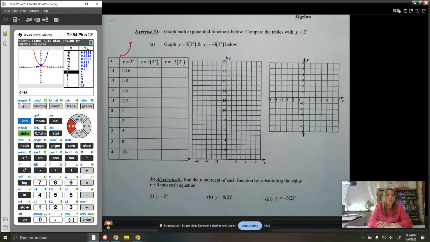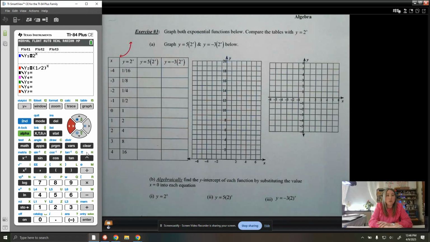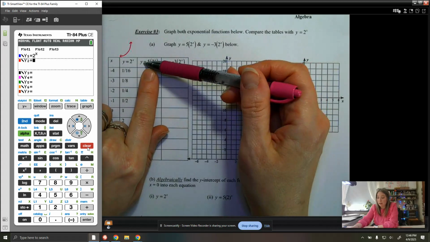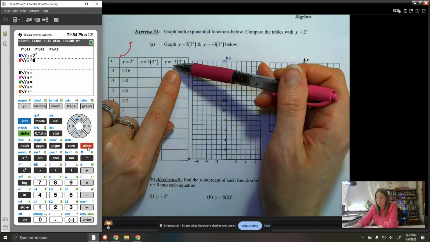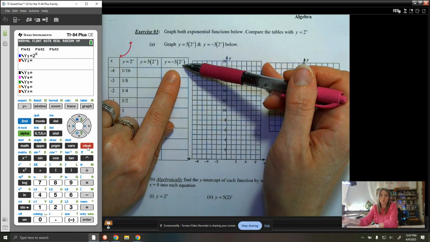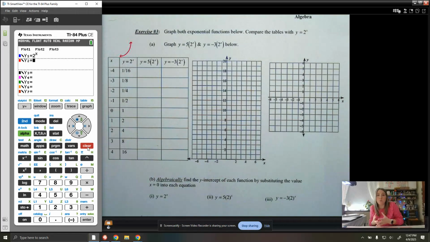I want to turn that off for the moment, arrow down to y2 and get rid of that for a second. And what I'm going to do is plug in y equals 5 times 2 to the x power, and y equals -3 times 2 to the x power. And I want to see what those two separate pieces are going to look like.